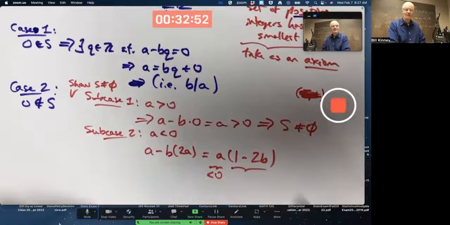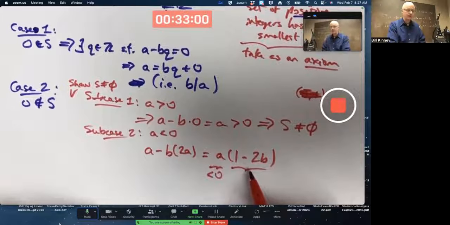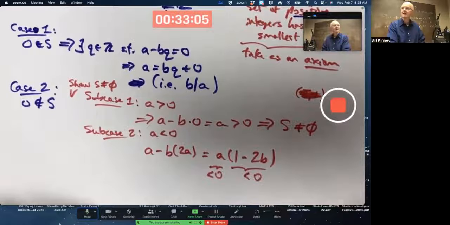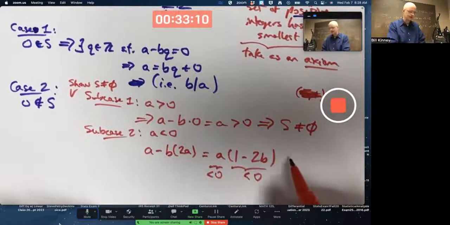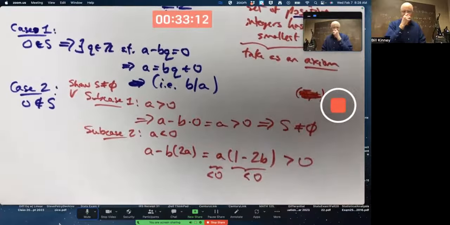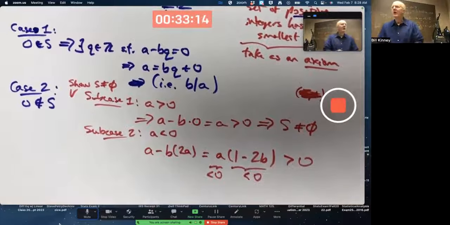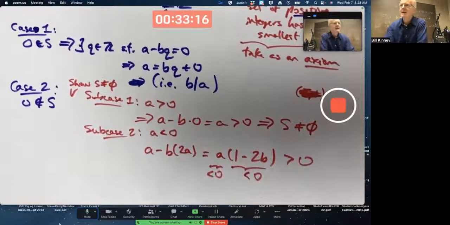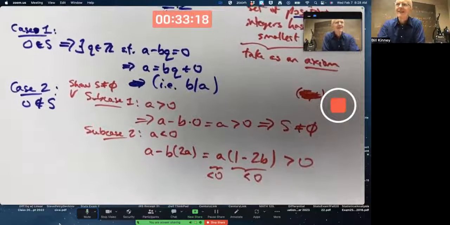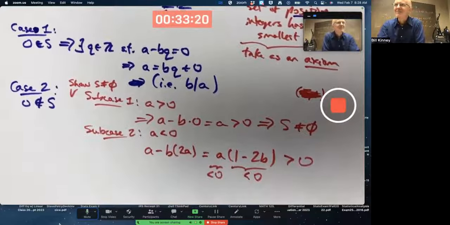B is assumed to be a positive integer. Remember that? That was part of the statement of the division algorithm. If b is a positive integer, 1, 2, 3, 4, 5, 6, etc., yes, 1 minus 2b is going to be a negative number. Negative times negative is positive. If you're being extra picky about things, you might wonder, do we need to prove that negative times negative is positive? No, you don't.